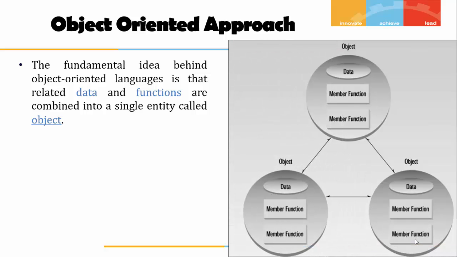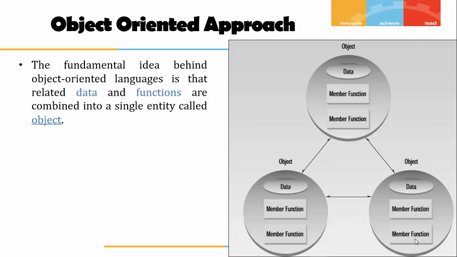This is an object which consists of data and member functions. If you want to read a data item in an object, you have to call the member function in that object. It will access the data and return the value to you. You cannot access the data directly.